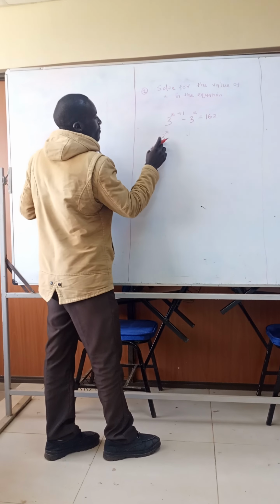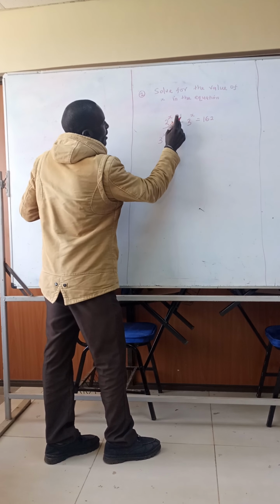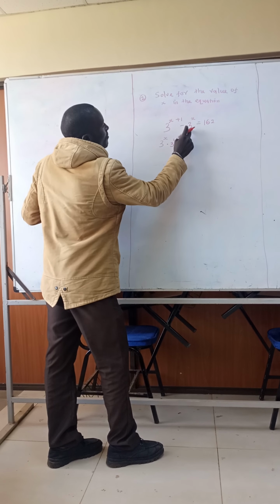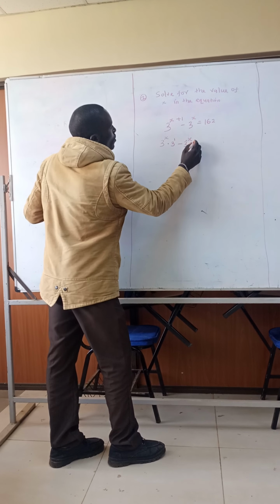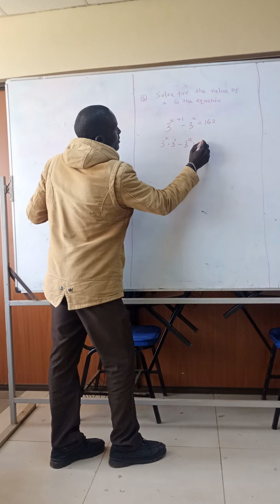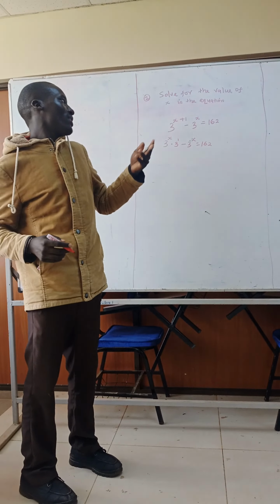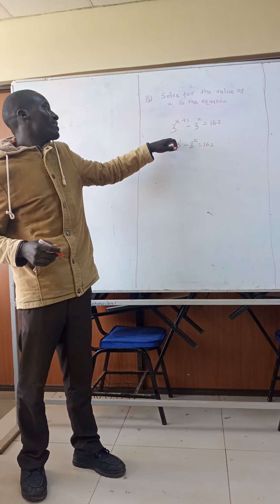Therefore, we will have 3 raised to power x times 3 raised to power 1. Then we have this minus 3 raised to power x equals 162.